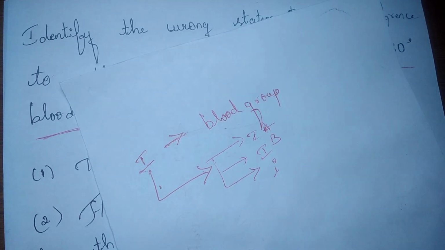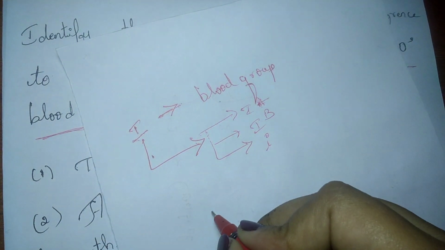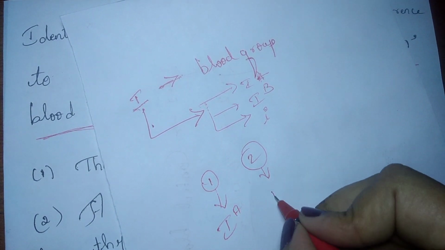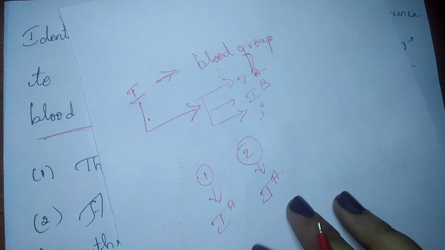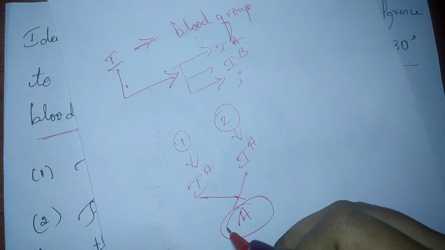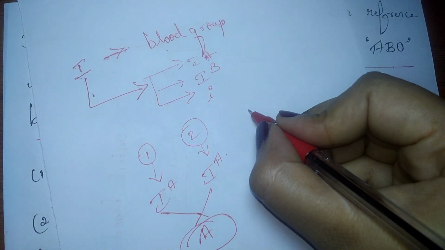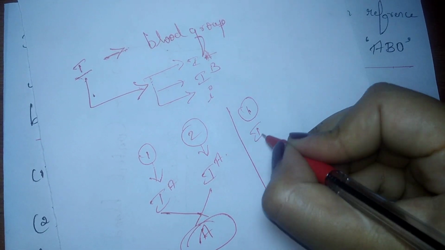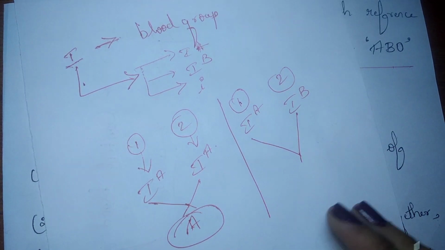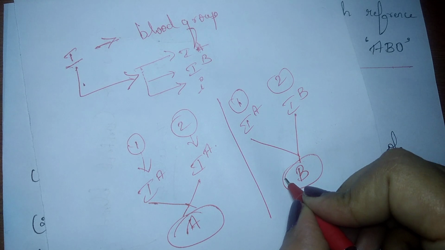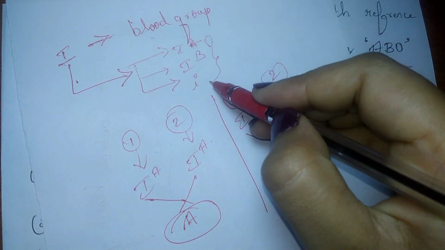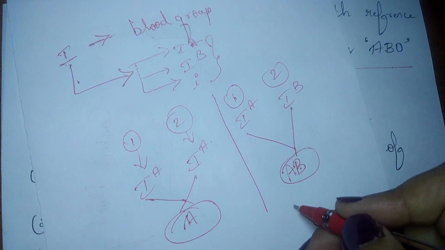Suppose there are two parents, parent 1 with IA allele and parent 2 with IA allele, and the offspring belonging to them will have blood group A. Similarly, if parent 1 has IA and parent 2 has IB, then the offspring will have B blood group, AB blood group. Like that, these alleles decide the blood groups of human beings.